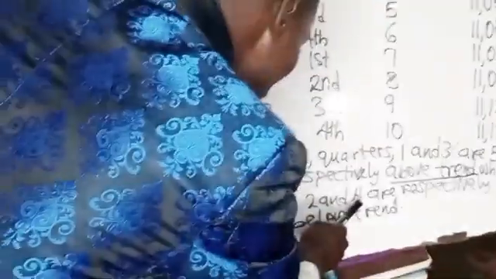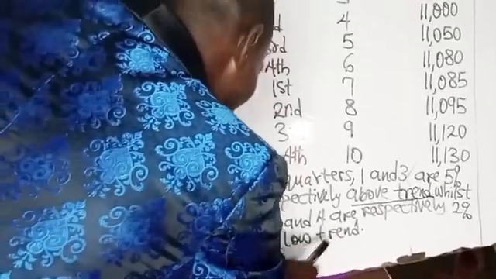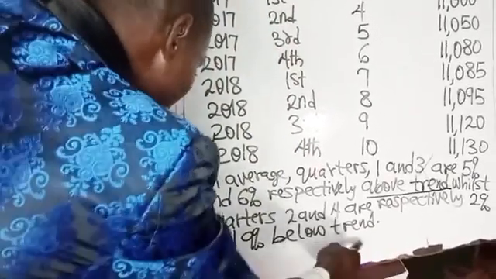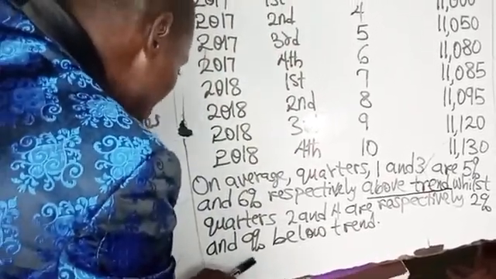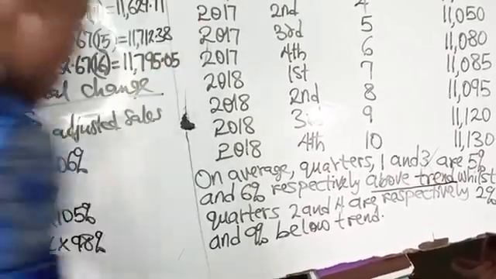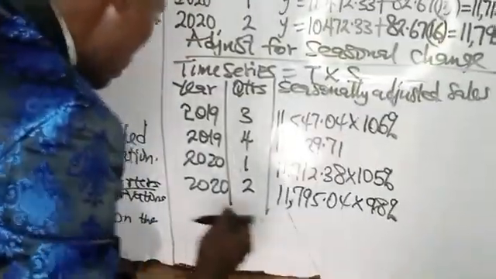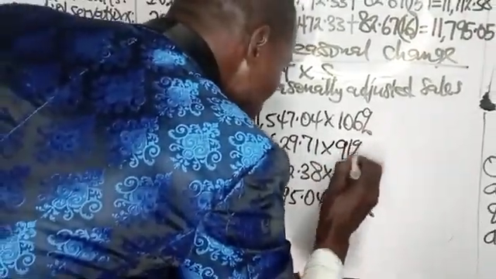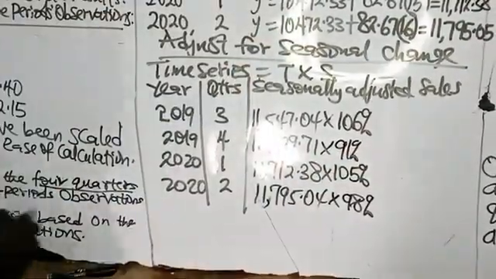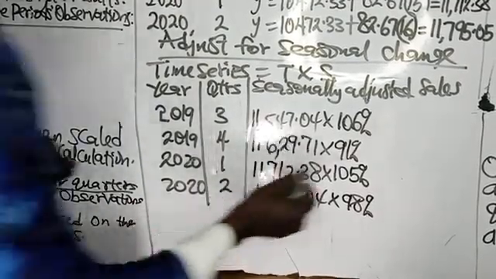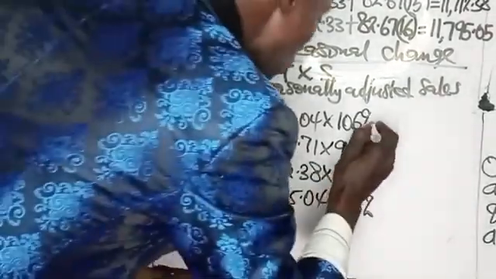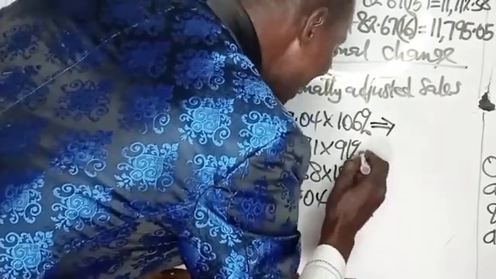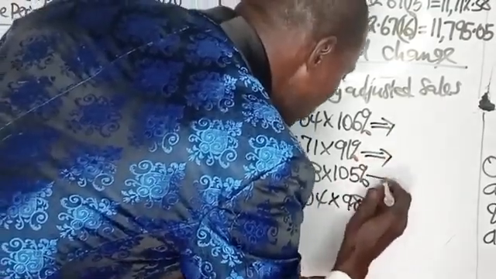And quarter 4 is below trend. You subtract 9 from 100. 100 minus 9 will be 91%. We have quarter 4 in 2019. That's 91%. Then what will now be the seasonally adjusted sales?